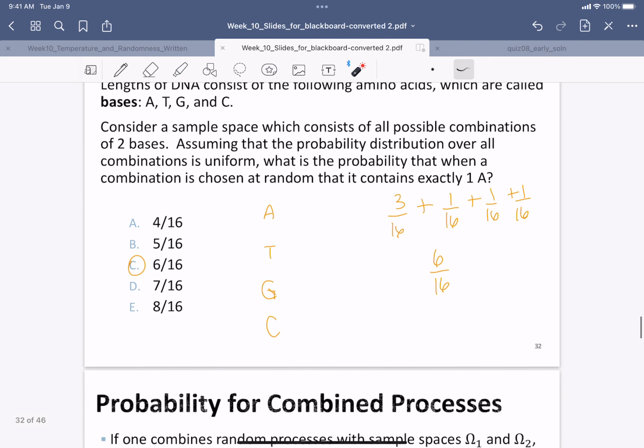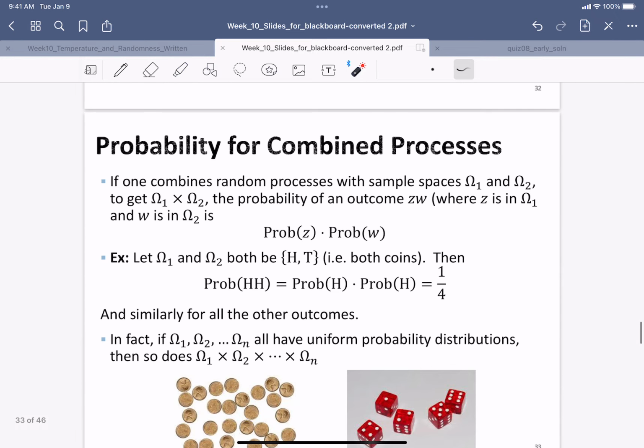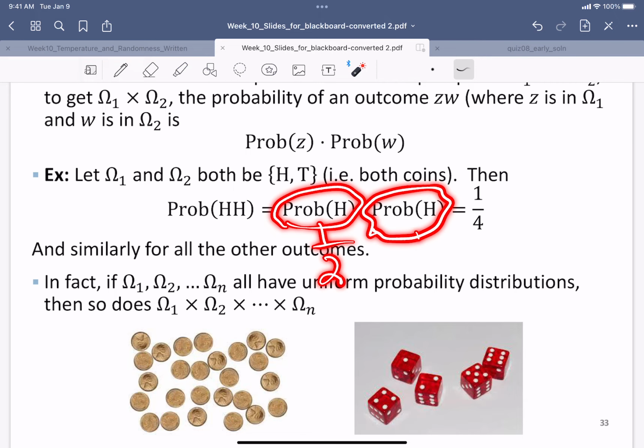And then this is just the same base stuff again. I would go over those real quick. This is what I was talking about for probability of combined processes. So if I flip 2 coins, and I'm looking for the probability of getting heads on both, I know the probability of getting heads on the first is 1/2, and on the second is 1/2.